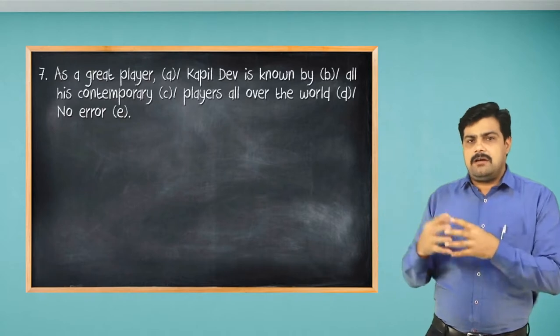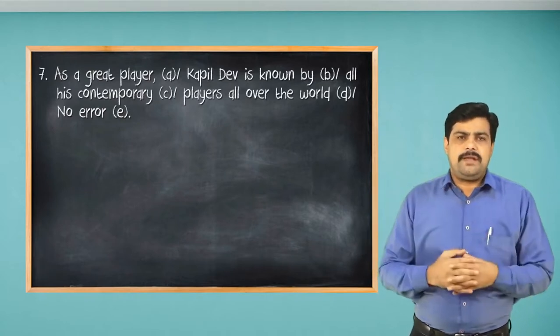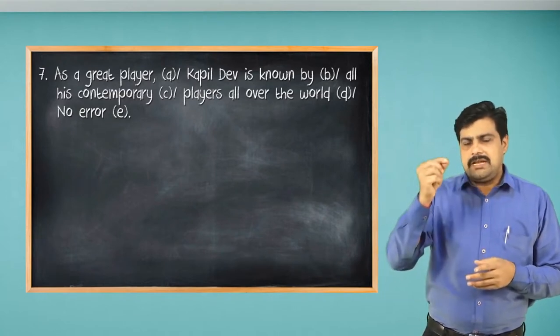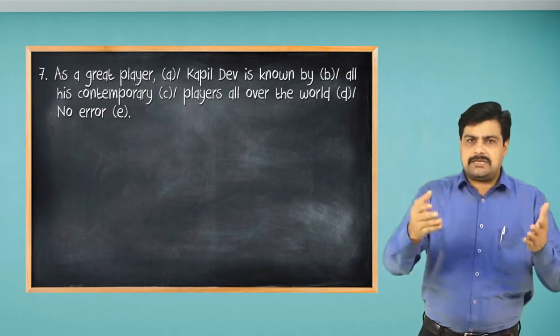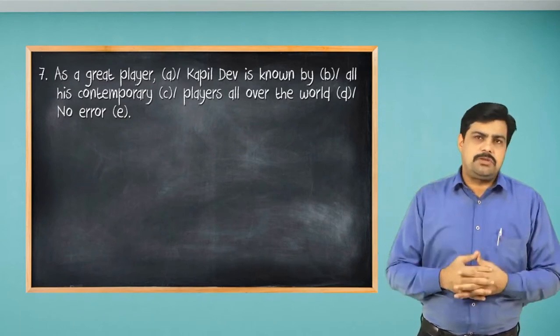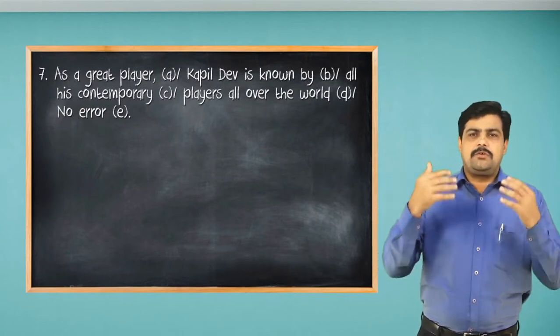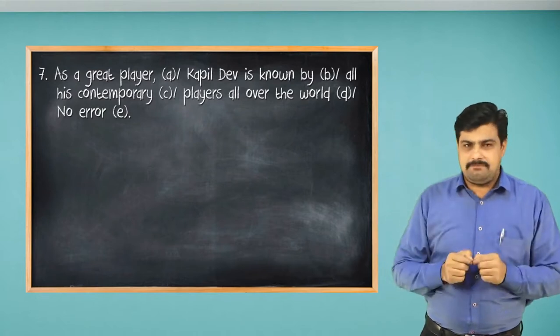As a great player, Kapil Dev is known by all his contemporary players all over the world. Now see this sentence. The sentence of the same nature we have corrected. We have learned through the rules. Did you find the mistake? Well, some verbs don't take preposition by after them.